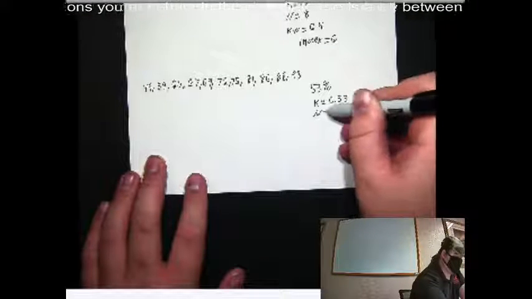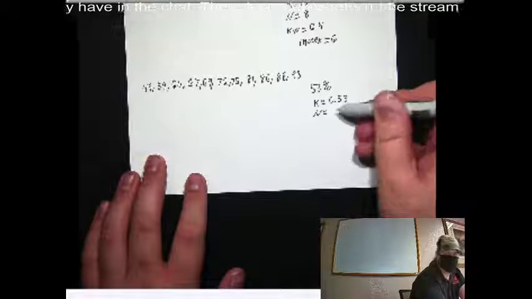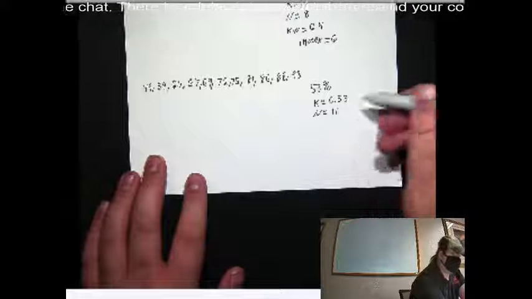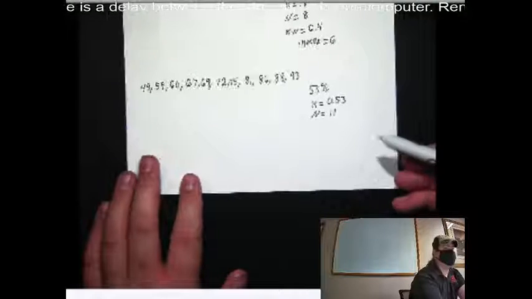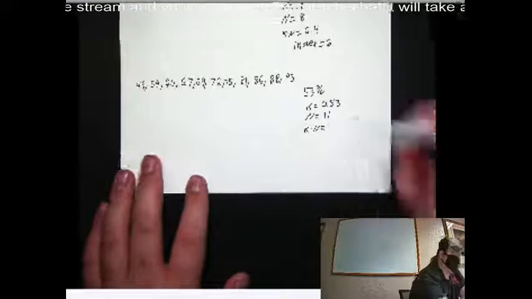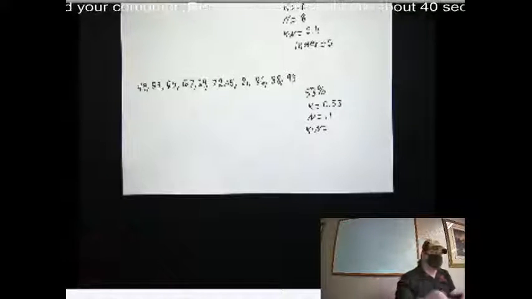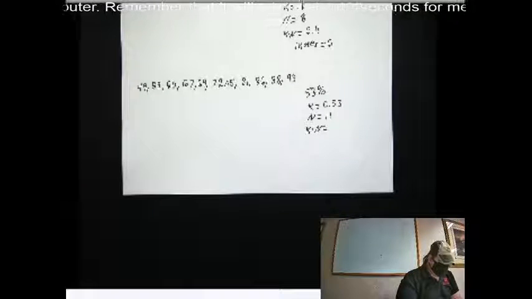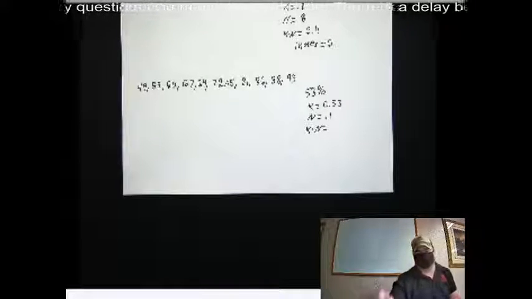What is our N? 11? Okay, so then we need to do K times N. So 0.53 times 11 gives us 5.83. Yeah, I entered it wrong the first time.